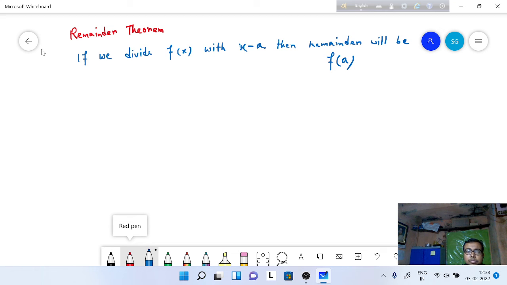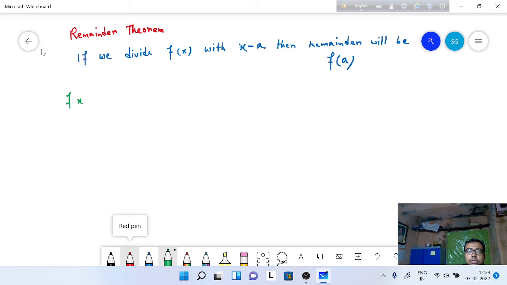This is our theorem. The theorem states that if we divide f(x) with x minus a, then the remainder will be f of a. Let's simplify with some examples.